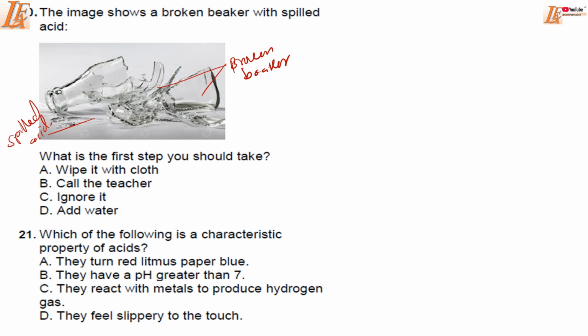Then the question is, what is the first step you should take? A, wipe it out with a cloth. This is wrong because it can injure you. B, call a teacher. This is correct. You call your teacher. C, ignore it. This is wrong because it can injure you or even your friend. Then D, add water. This can even make it worse. So the correct answer is B, call the teacher.